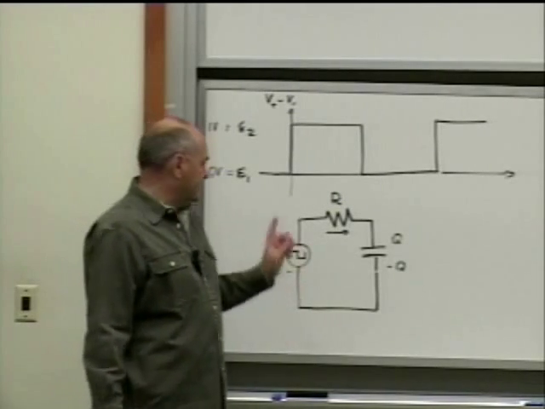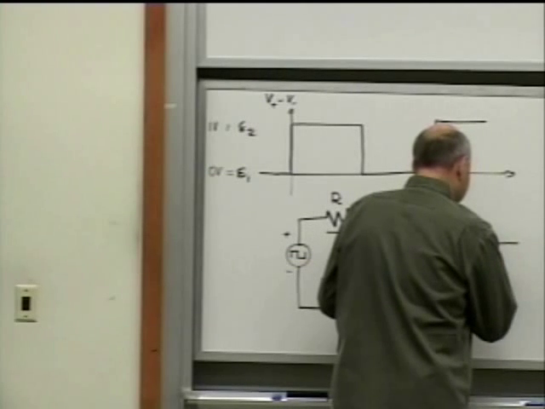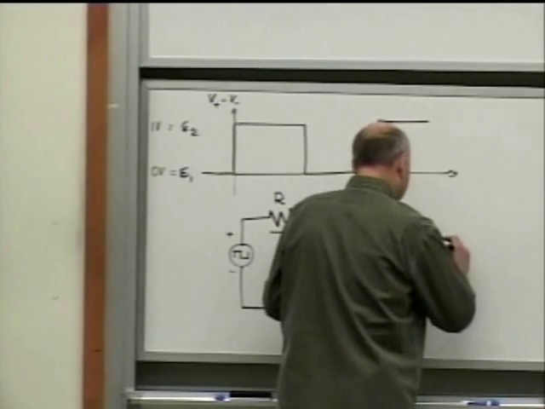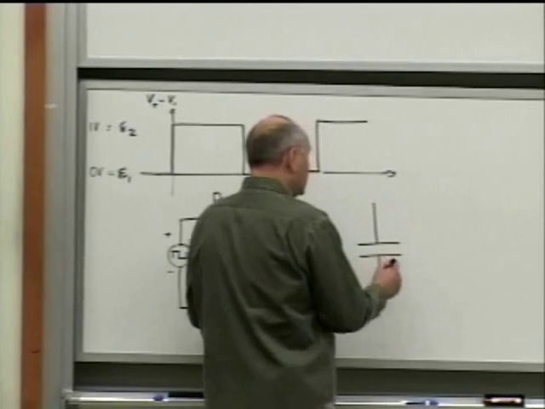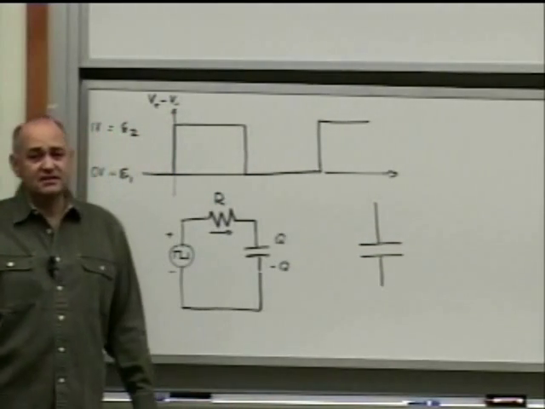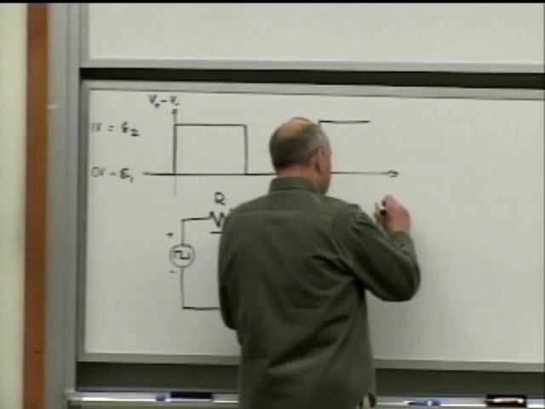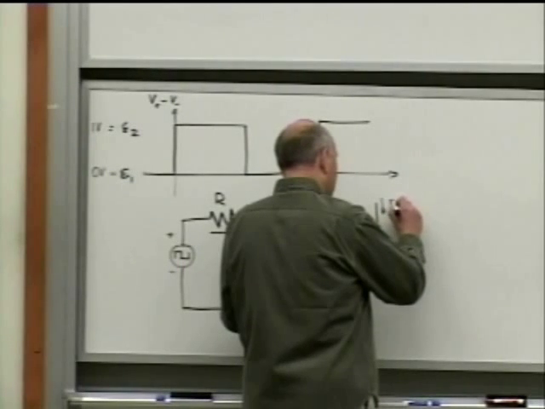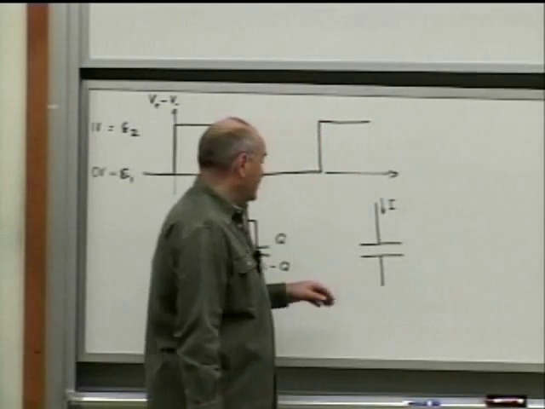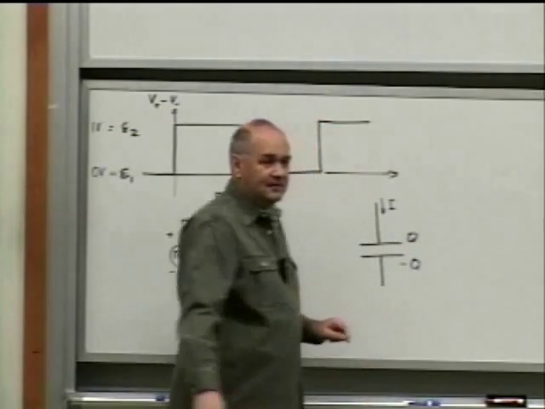Now I want to make a certain digression for a moment. Let's think about what happens with the charge on the capacitor when current flows, and how the charge on the capacitor is related to this current. So let's say that I have current flowing over here. What happens with the charge on the capacitor?